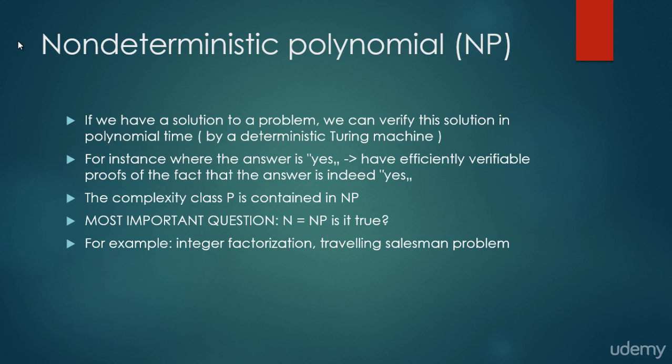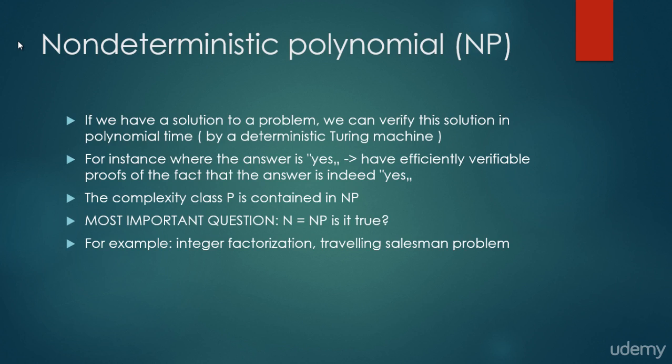For example, a non-deterministic polynomial problem is integer factorization. If you are familiar with encryption, most of the encryption we use relies heavily on the fact that we are not able to factor an integer fast. So we don't have any good algorithms.